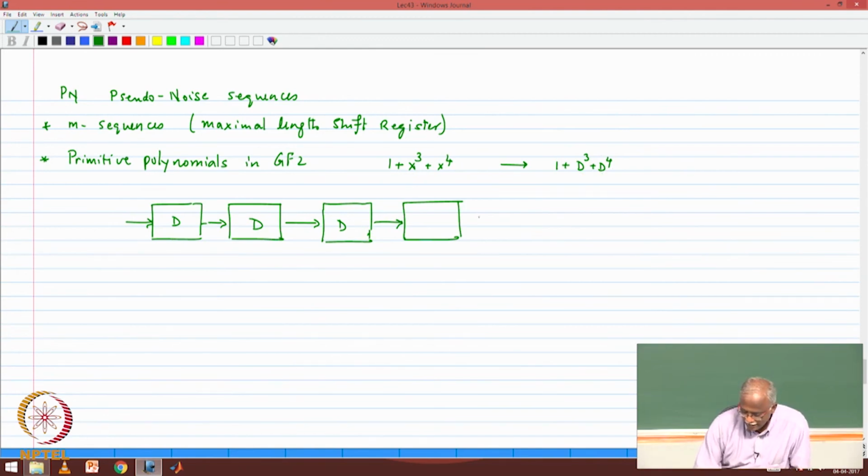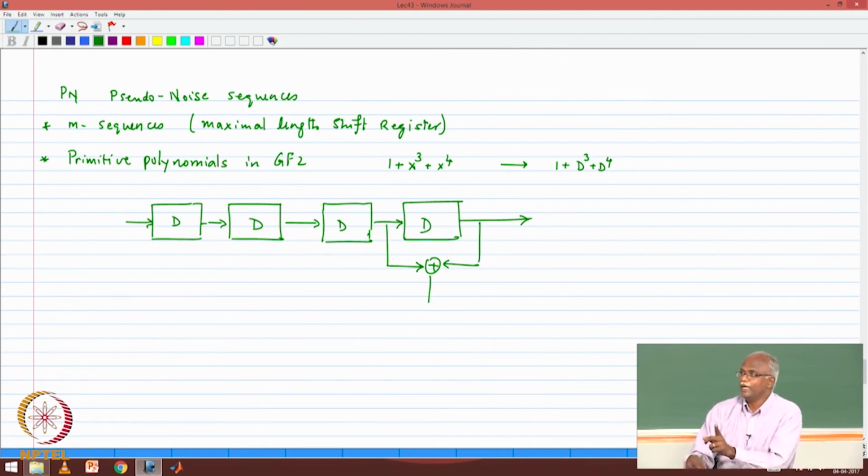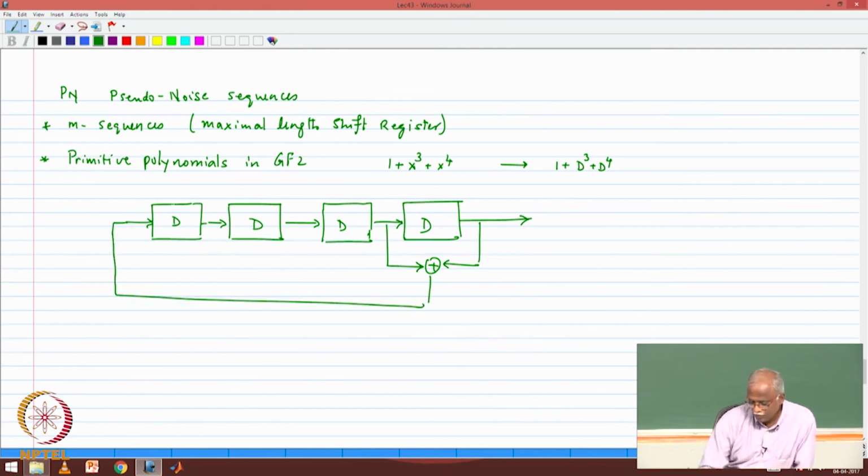So basically I have to add these two components. That will be 1 plus D cubed plus D^4. Now because of the binary property, which says that if I add something to itself it cancels, you can write it by taking 1 to the other side.